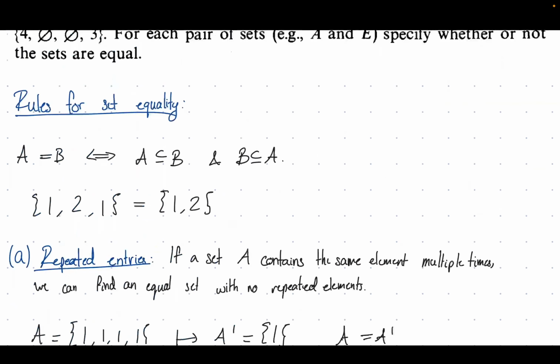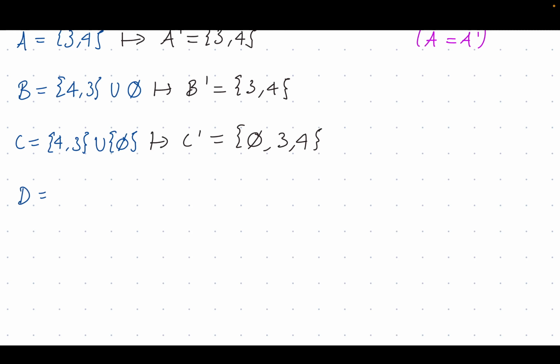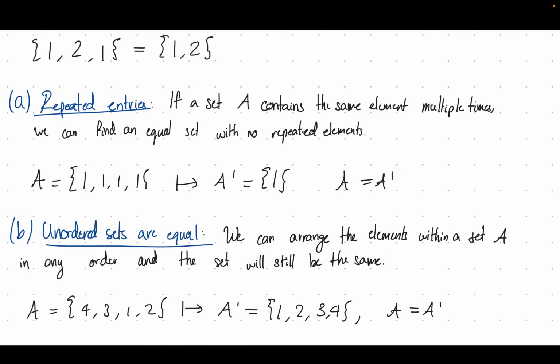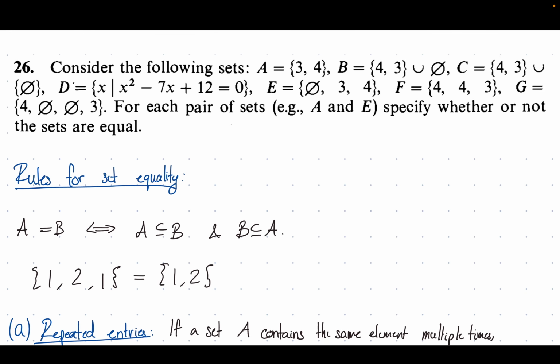C is {4, 3} union the set containing the empty set. Now, the key difference here is that this is going to map to the set that contains the empty set, 3, and 4. Next, D, we're going to call it. Let me just see if I got the formula right.